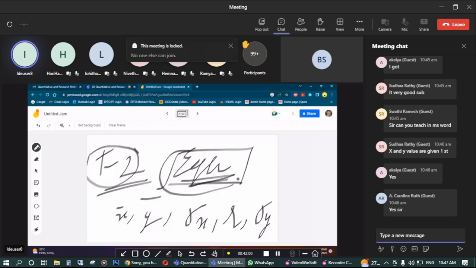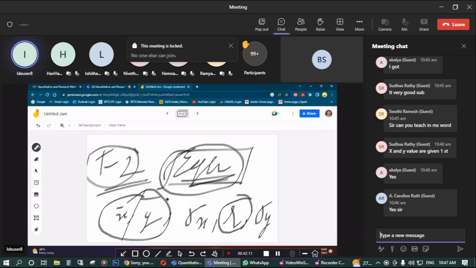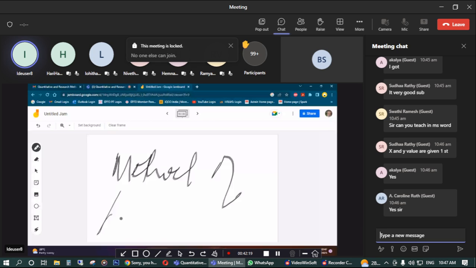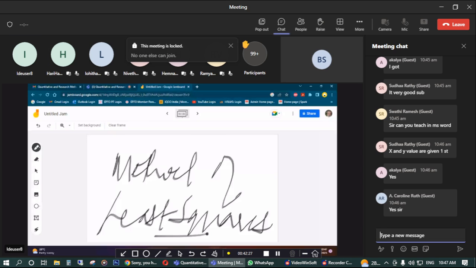You need to find out the value of r, x bar, and y bar. This type 2 method is called the method of least squares.